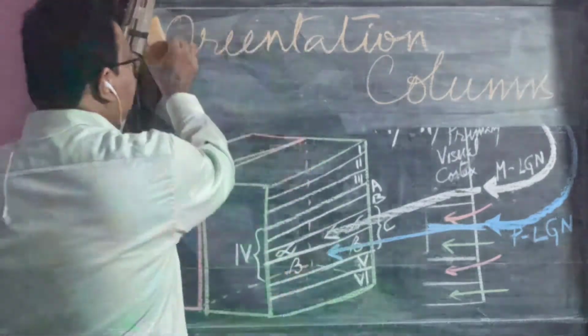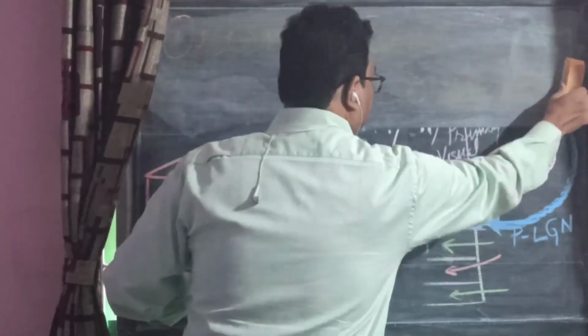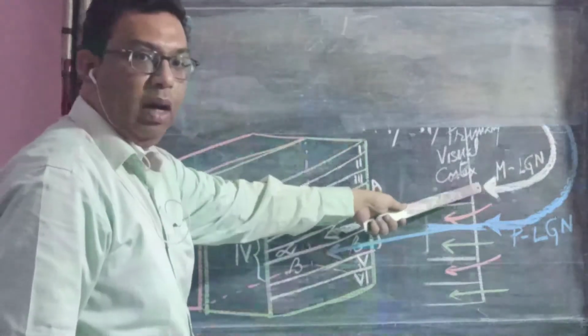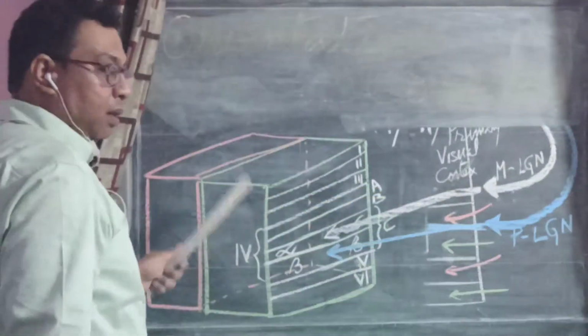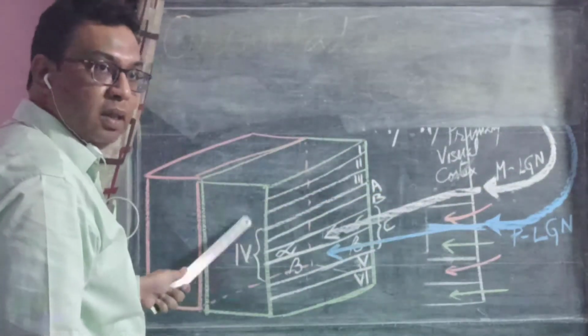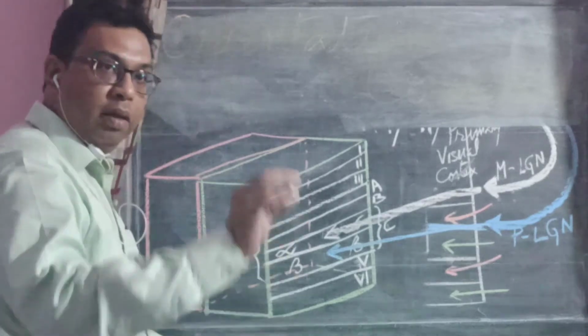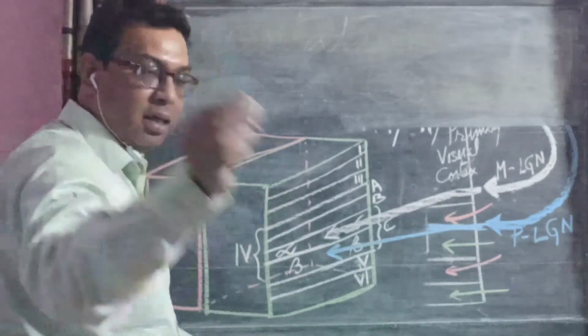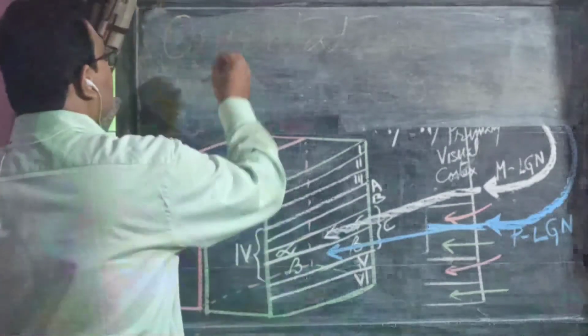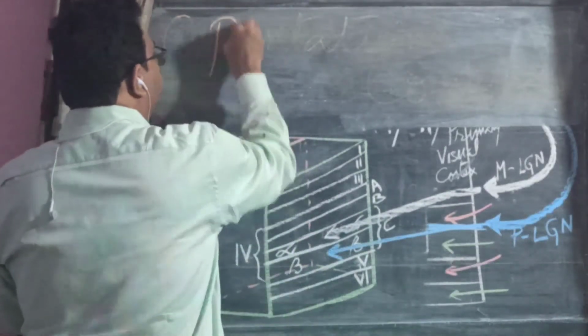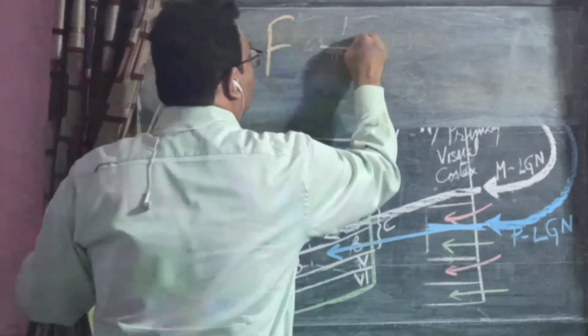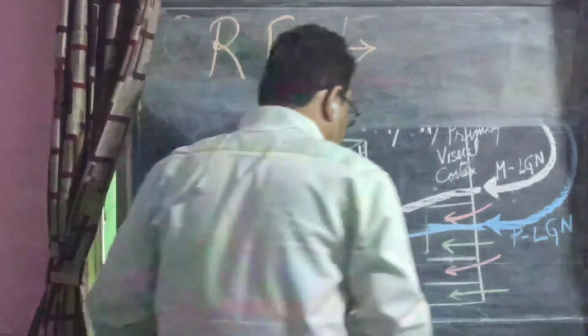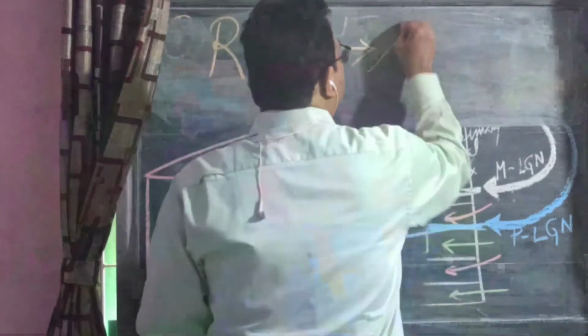It has been seen that the magnocellular pathway, which contributes to various cells of the visual cortex, has receptive fields which are stimulated by a specific orientation.